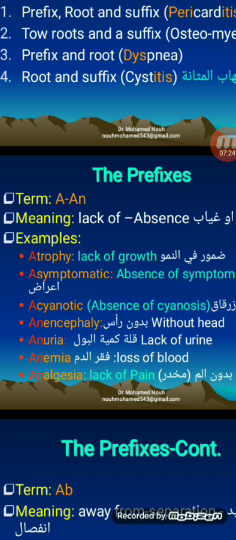Acyanotic, absence of cyanosis. Anencephaly means without head. Anuria means lack of urine. Anemia, loss of blood. Analgesia, lack of pain.